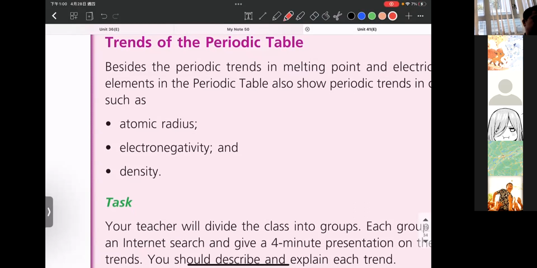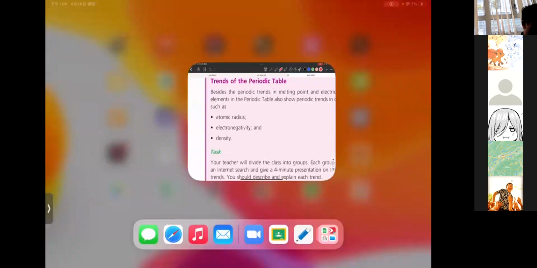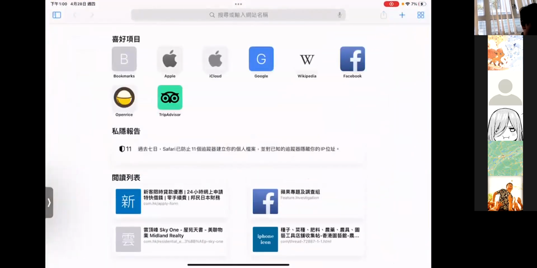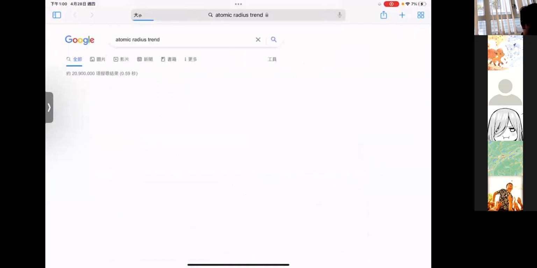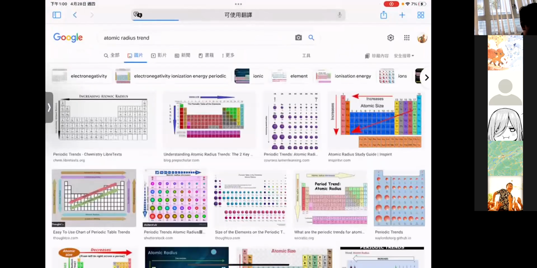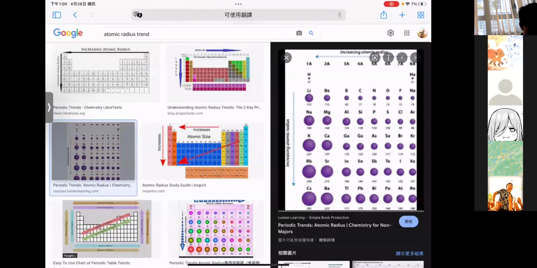What are the trends? First of all, atomic radius. What is the trend in the difference in atomic radius across the period? Lei Cheng, do you know? Decreases in size. Yep, decreases in size. Of course, the way to answer will become a little bit different.